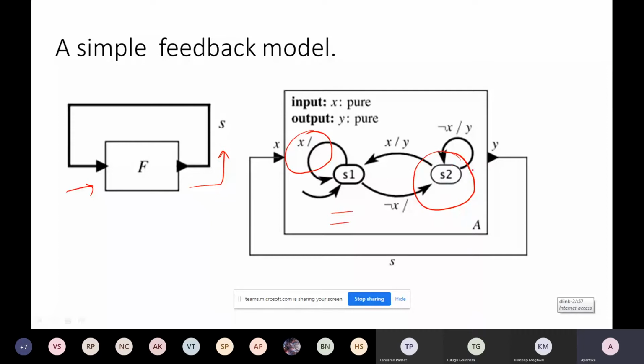Finally, it goes to some state where there is either no input or some input. If there is an input X, it makes a transition to the state S1 again. But if there is no input at a certain state, it generates some output. Basically, you can think of a normal FSM.